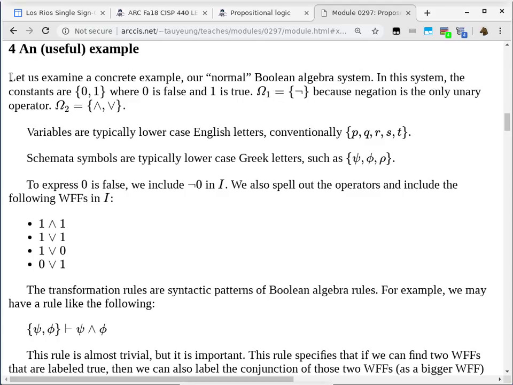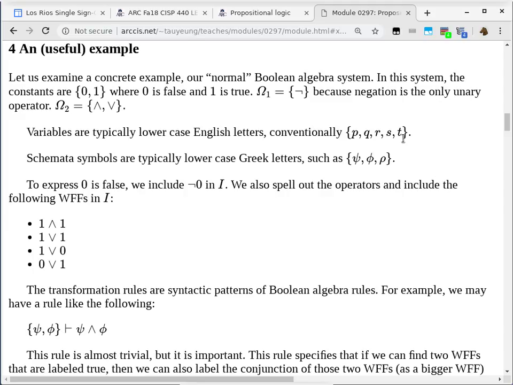And then we have omega 2. Omega 2 in this case is a very simple system. It only has and, or, and these two are in omega 2 because they both require two operands. And then we have variables. Variables are really just allocating certain letters in the alphabet, and saying that every time we encounter P, Q, R, S, T, it is a variable.